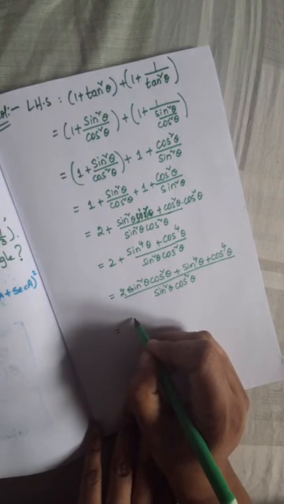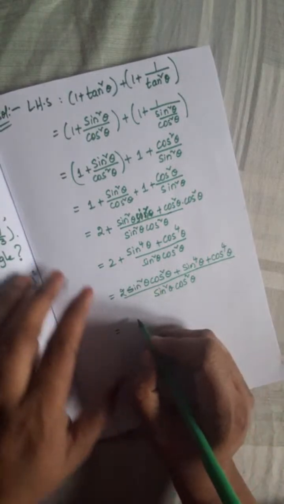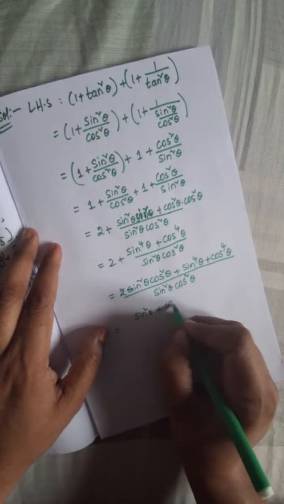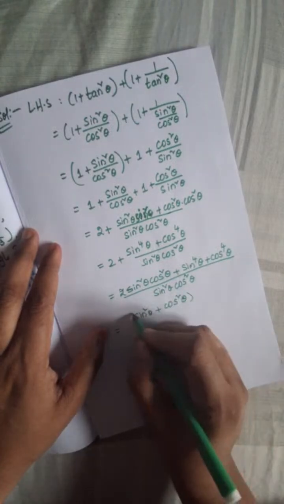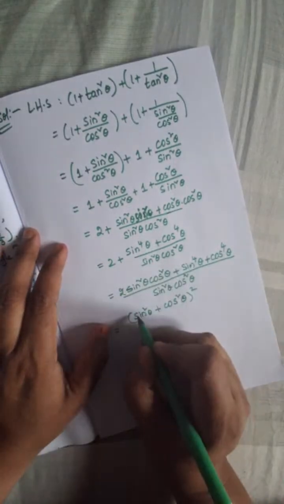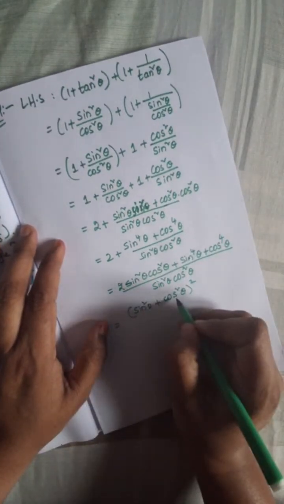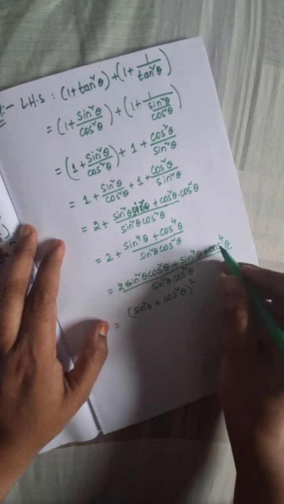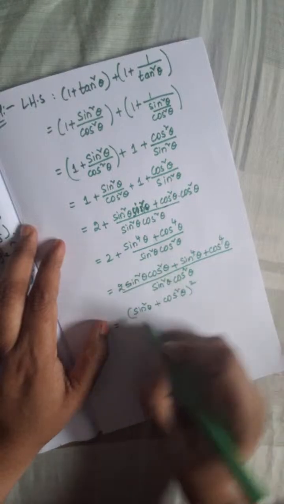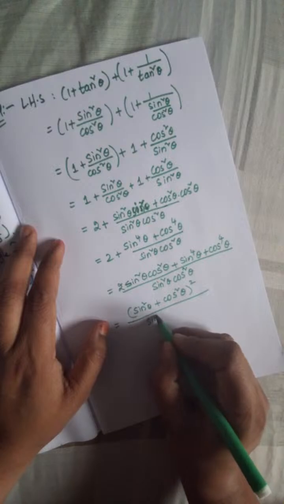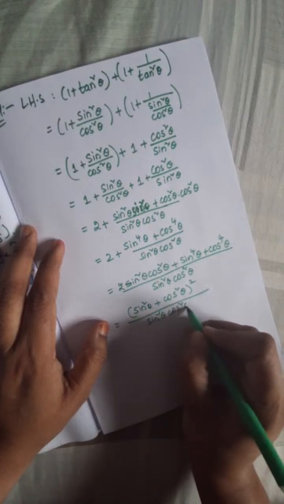Okay, so I am writing it as a plus b whole square, that is sin square theta plus cos square theta whole square. We will get the same line, that is a square plus b square, that is sin power 4 theta plus cos power 4 theta, plus 2ab, means 2 into sin square theta cos square theta, divided by sin square theta cos square theta as it is.